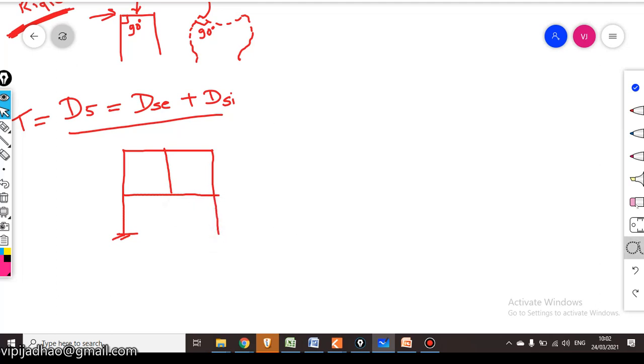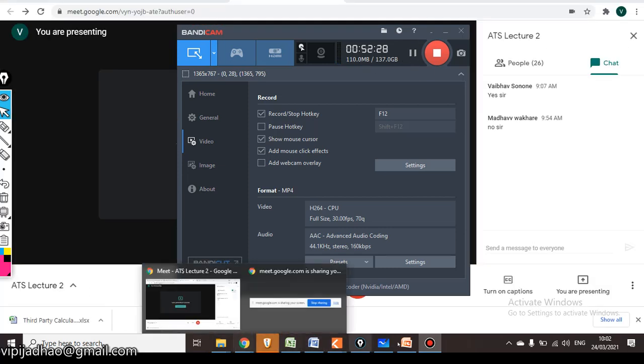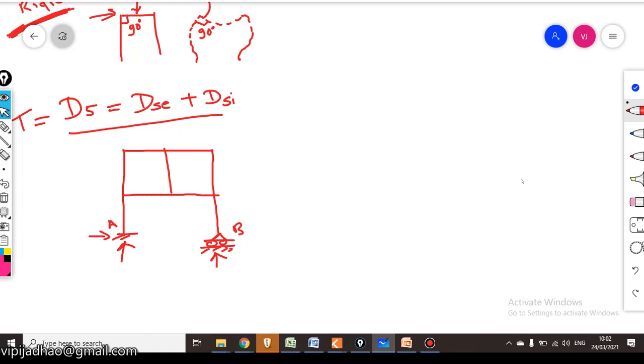here we will be having some roller support. Here the total number of reaction components will be one vertical reaction and one horizontal reaction at A, and one vertical reaction at B. Here we can see these types of reactions will be developed, and the external static degree of indeterminacy is given by total unknown reactions minus equations of equilibrium.